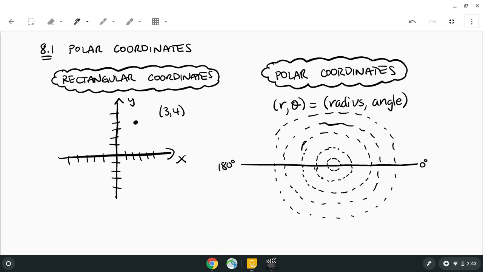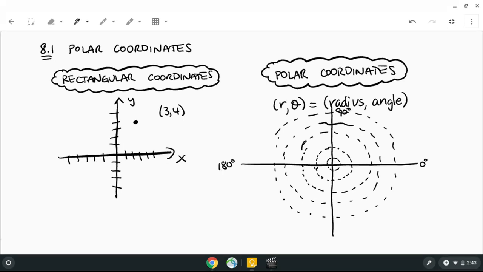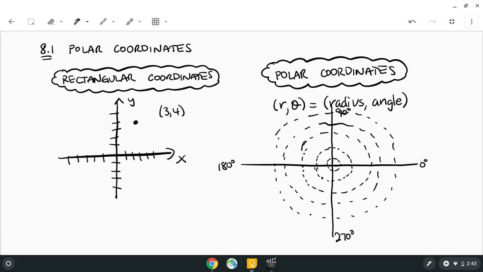Okay. And then, of course, this is 90 degrees. Okay, and 270 degrees. And we can keep splitting it up if we do this. This one here is 45 degrees, and this one down here is 225 degrees.